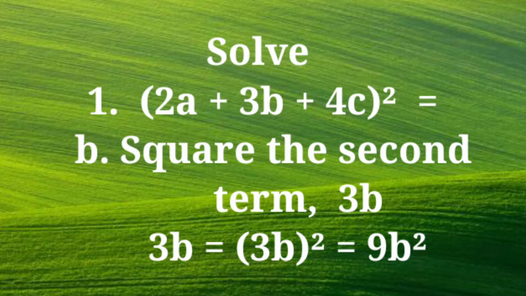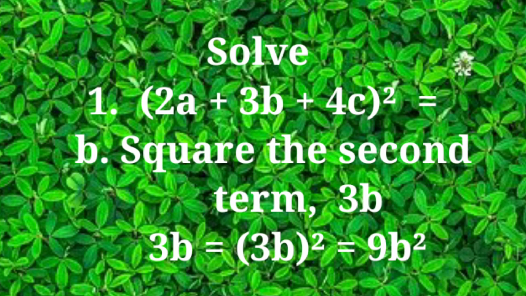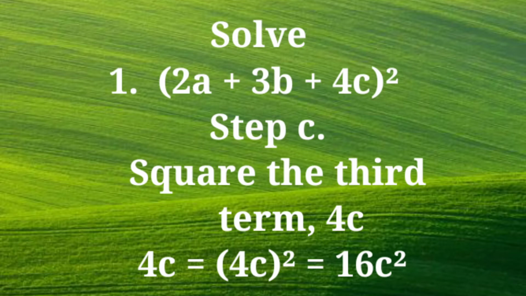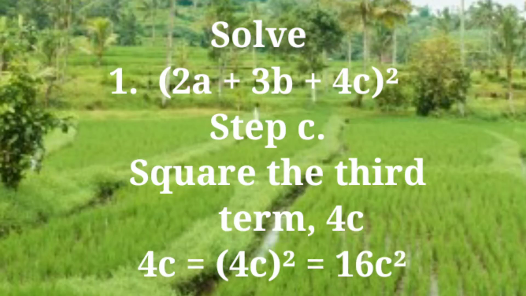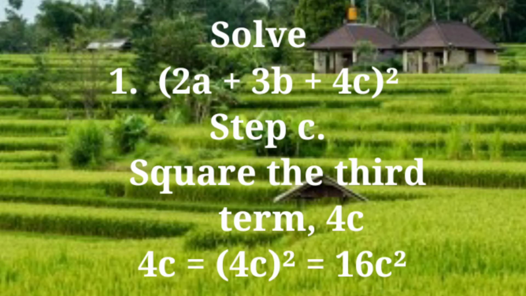Step B. Square the second term, 3b: (3b) squared equals 9b squared. Step C. Square the third term, 4c: (4c) squared equals 16c squared.